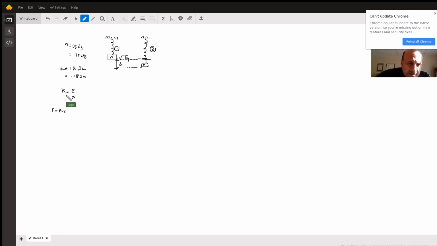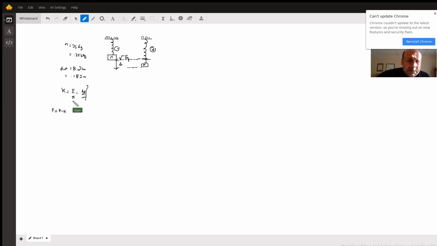Which means that this k that we're looking after is going to be in Newton per meter, because force is in Newton and x is distance in meters. We call that k the spring constant. We can also call it the stiffness of the spring. Both terms will be fine.